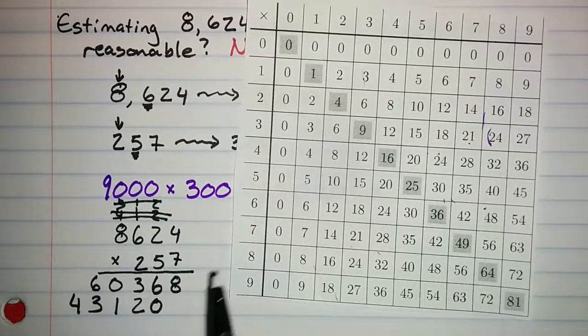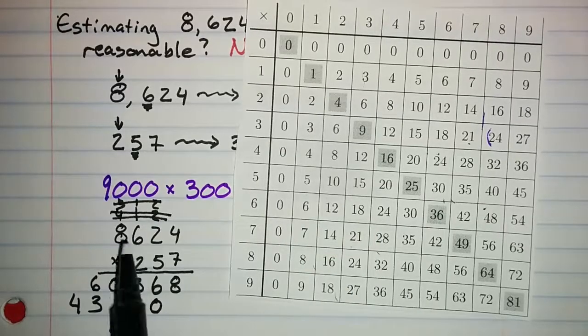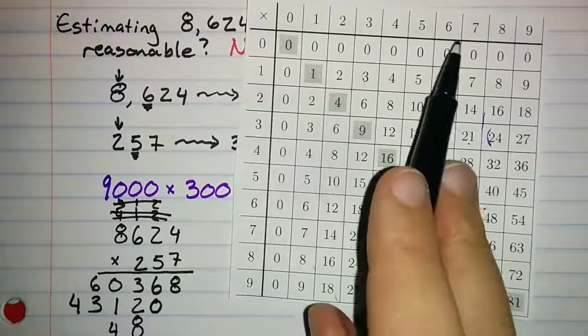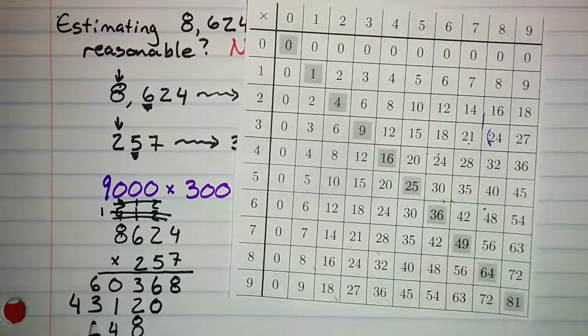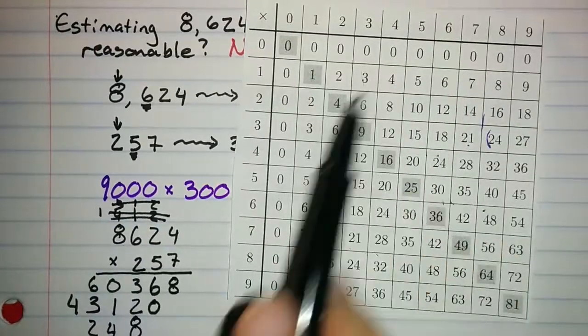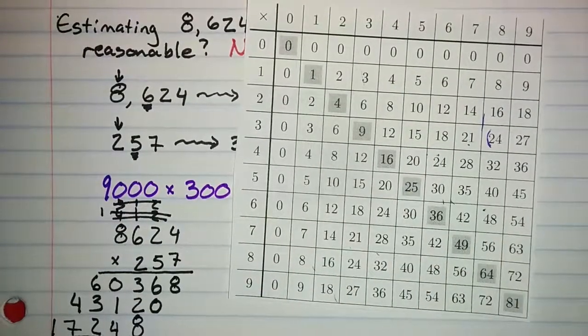Then 2 times 4 is 8. 2 times 2 is 4. 2 times 6 is 12. 2 times 8 is 16, plus 1 is 17.